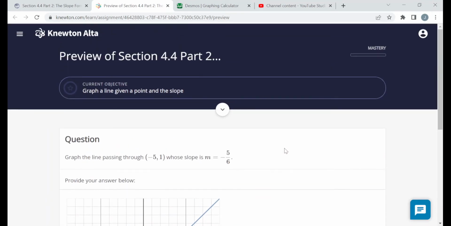Alright, so the first objective I'm looking at is graph a line given a point and the slope of that line. Now this assignment is called the slope formula. I have already discussed the slope formula in section 4.4 part 1.